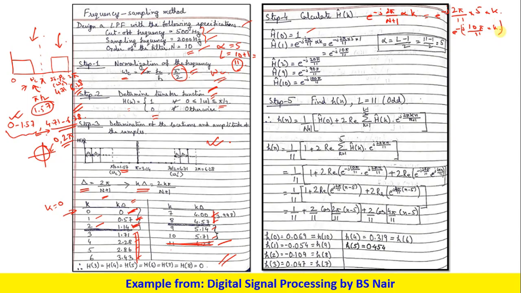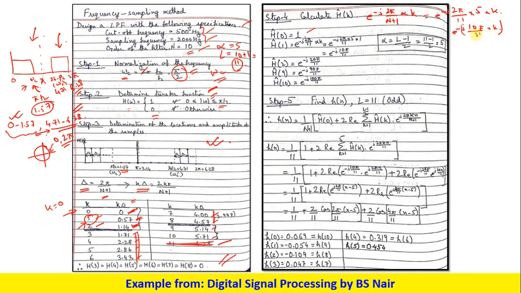Now you change the value of l, so we got this one. You take the value of 1, so e to the power minus j 10 pi by 11. Then k equals 2, it is within the range. We have to take h cap 2, it is equal to e to the power minus j 20 pi by 11.